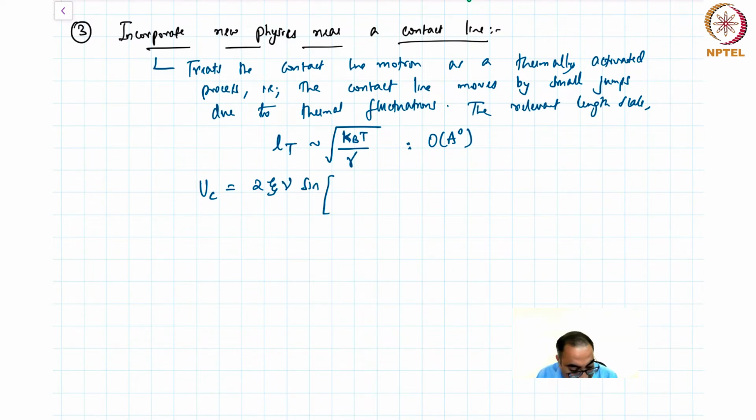This is a generic feature of this model. So we have xi square, then we have a driving force. The driving force is really because of an imbalance in the angle between the equilibrium angle and the apparent contact angle. Once this difference is there, then the contact line will move. So in other words, the contact line moves because it tries to relax towards the equilibrium angle, and the difference between these angles becomes a driving force for this motion.